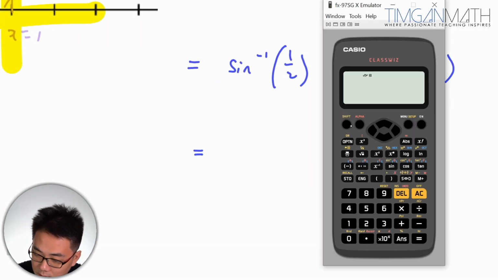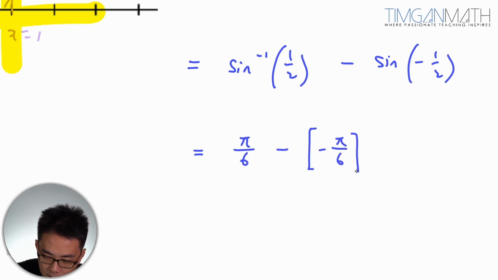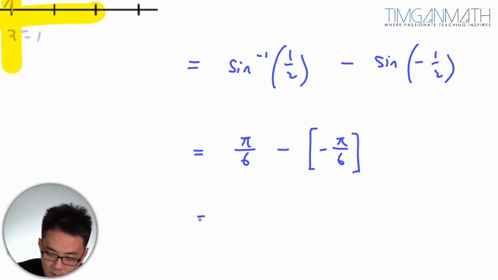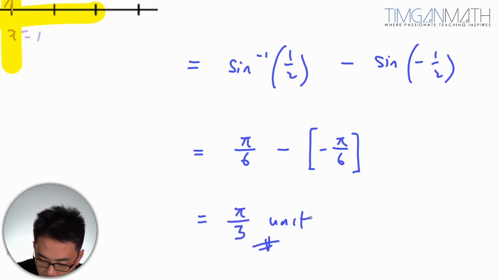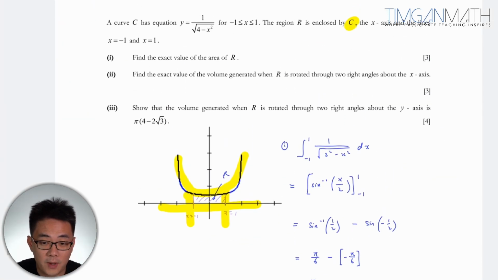Sine inverse half is 30 degrees, meaning to say this is pi over 6 radian, minus this will be -pi over 6. Because it's in the 4th quadrant, you can just put a negative here. So this will be pi over 3 square units. Great, so this is how you do the first part here.